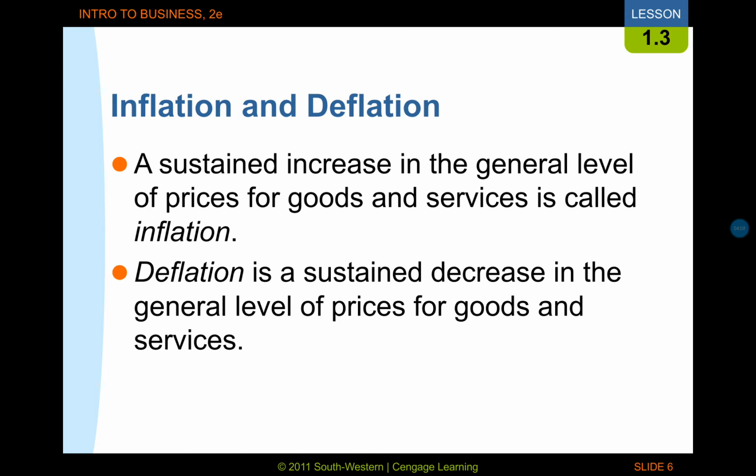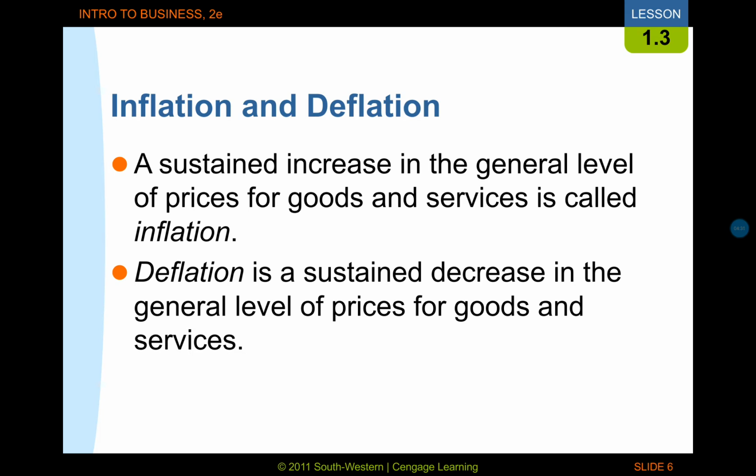So if we have a steady, moderate increase in prices and wages, that's a sign of a healthy, growing economy. Our prices and wages are increasing. We're doing well. And then vice versa, if it's decreasing, then obviously we're not doing well.